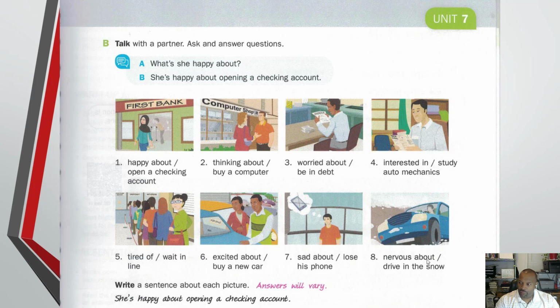What is she nervous about? She's nervous about driving in the snow. Okay, so how did you do? Check your answers. Let me know if you have any questions on those. Let's move on.